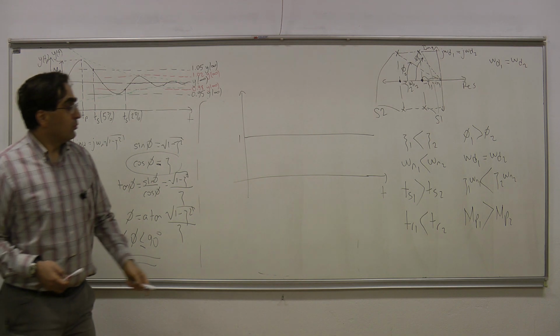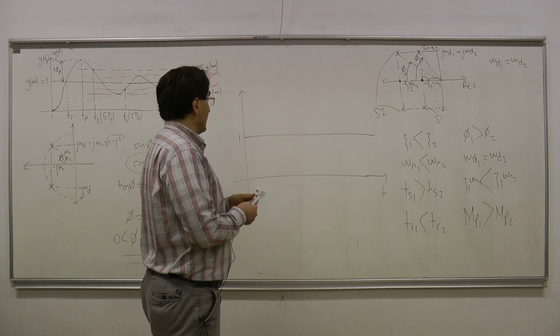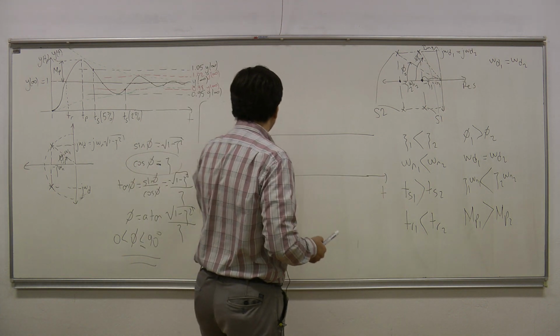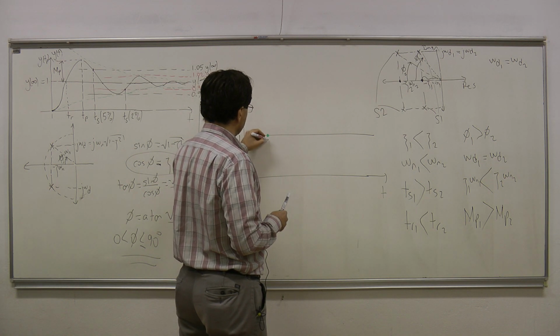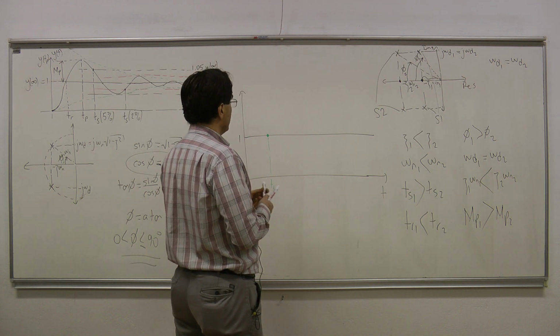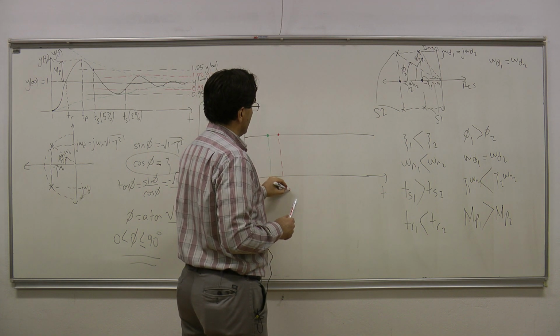What are these relationships telling us? The first thing is that the first system is going to have a smaller rise time. Suppose the rise time of the first system is here, TR1, and the rise time of the second system is here, TR2.